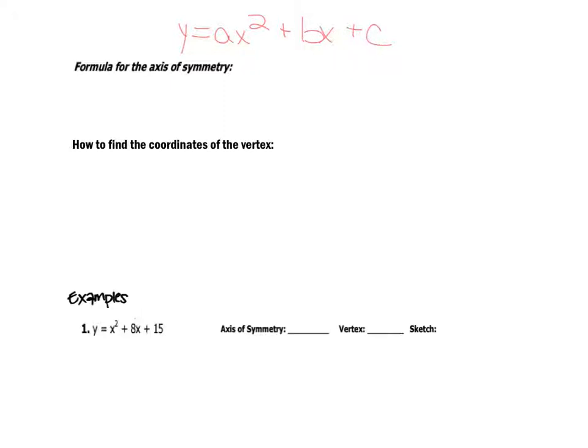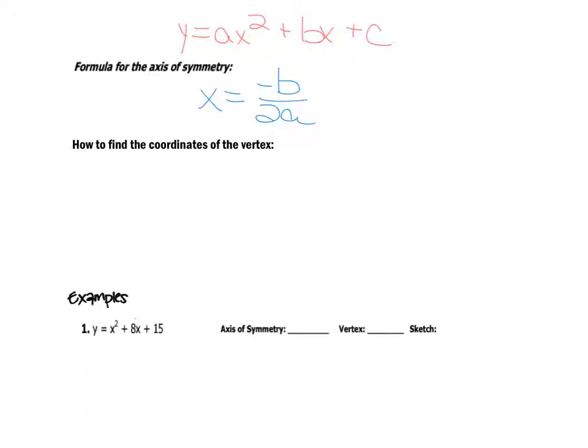The axis of symmetry is a vertical line, so it is x equals. Remember, on a vertical line, the x value never changes, right? X is the same thing on every point on a vertical line. So the equation is x equals, and here's the formula. The opposite of b, or minus b, over 2a. That's a little formula you need to know. X equals minus b over 2a. We'll look at an example in a minute.